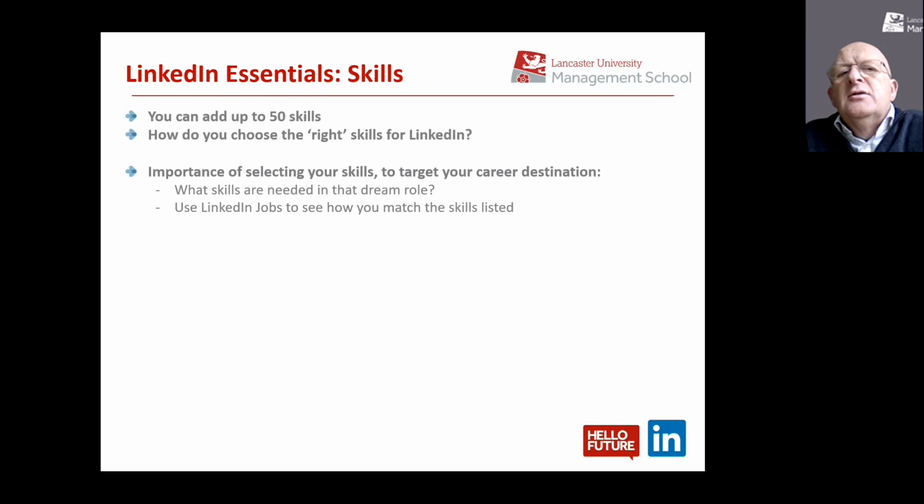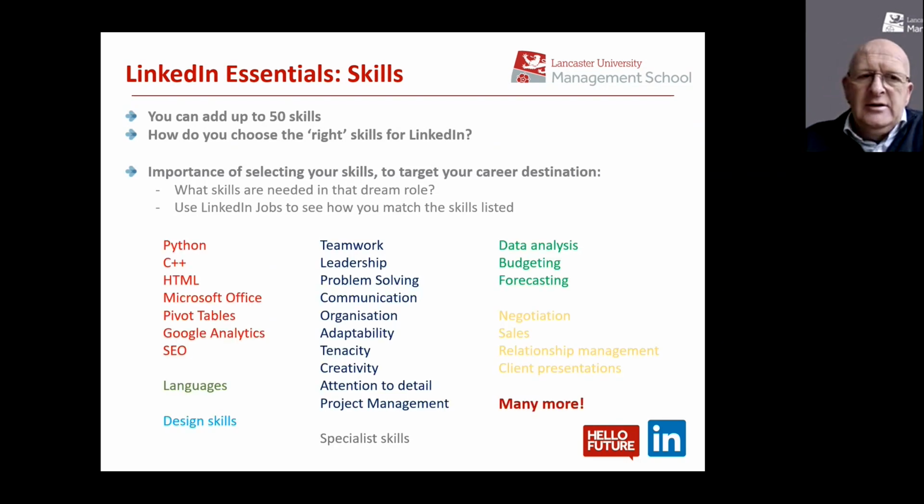So thinking about those skills, they could possibly fall into different categories. If you look on the left-hand side of the screen, we're talking more about IT skills, whether it's the use of Python, pivot tables, Google Analytics, whatever it might be.